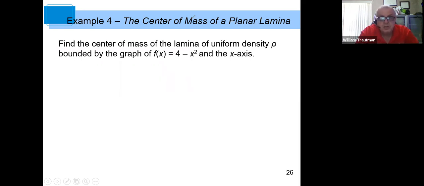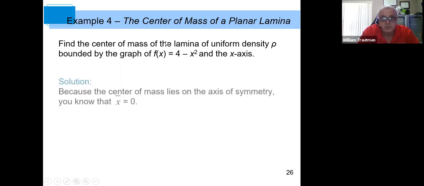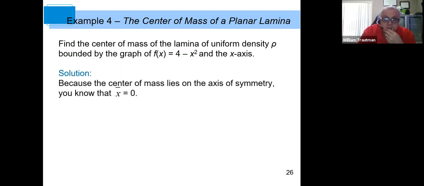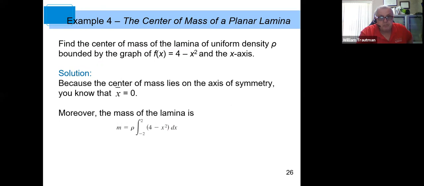All right, so let's take a look at what they do. Because the center of mass lies on the axis of symmetry, which is the x-axis, we know x bar, the center of mass for the x, equals 0. You saw it's symmetrical and it's on the x-axis. So now the mass of the lamina, since we wrote that formula down, is density integrating from -2 to 2, like we said, with the function.